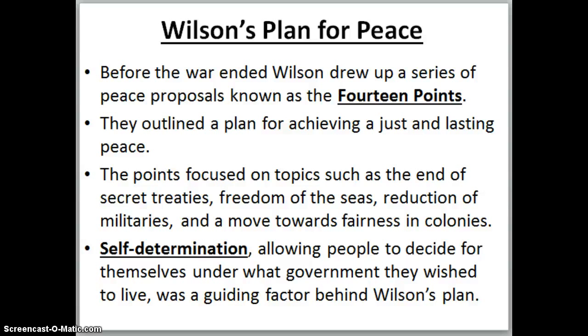The points focused on topics such as the end of secret treaties, the freedom of the seas, reduction of militaries, and a move towards fairness in colonies. Another big thing he discusses is called self-determination, which allows people to decide for themselves under what government they wish to live. And this was a guiding factor behind Wilson's 14-point plan.